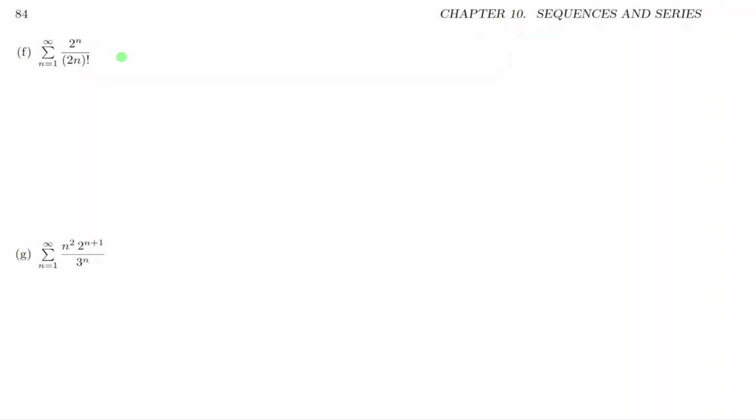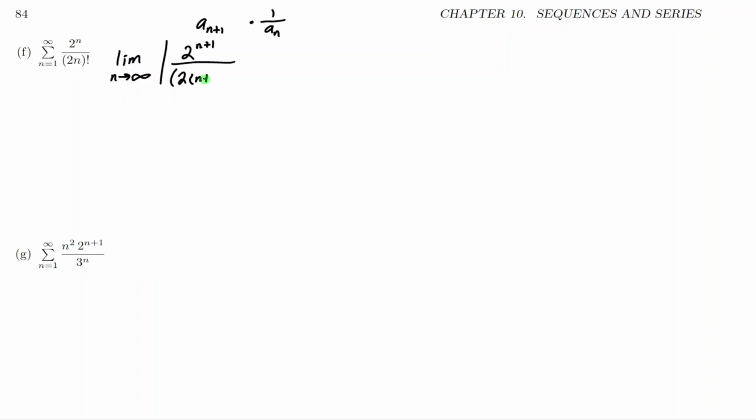For all of these, I'm going to go through and take the limit as n goes to infinity and write them as a sub n plus 1, and then multiply that by the reciprocal of a sub n. So we'll do this for all of them just to make our division a little bit faster. Make sure that you're replacing all of the n's with n plus 1.